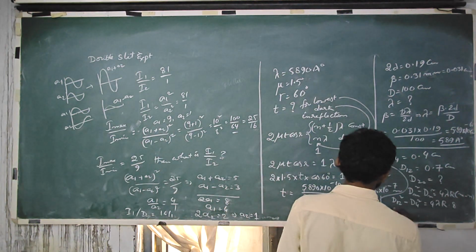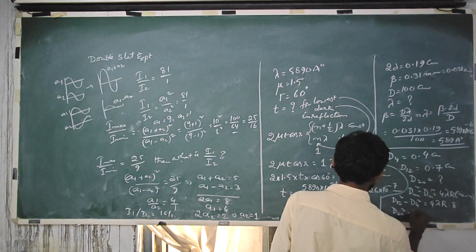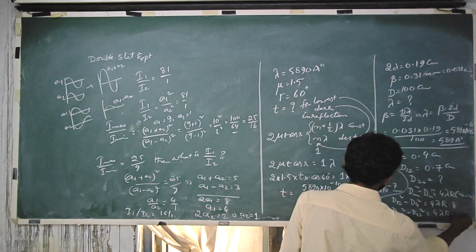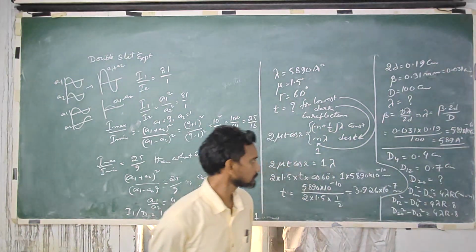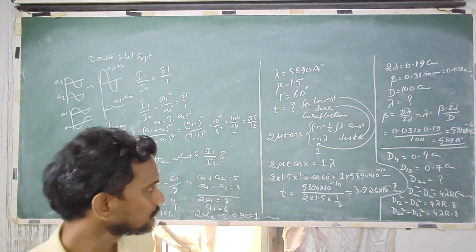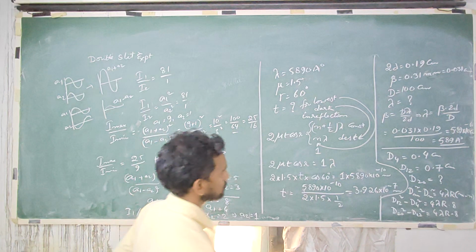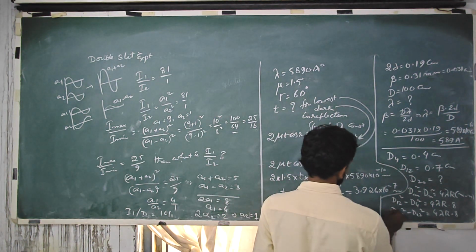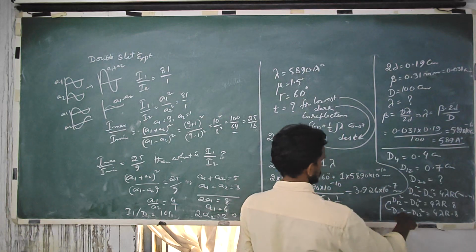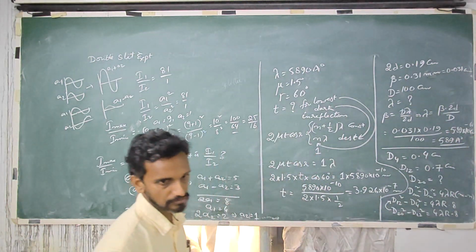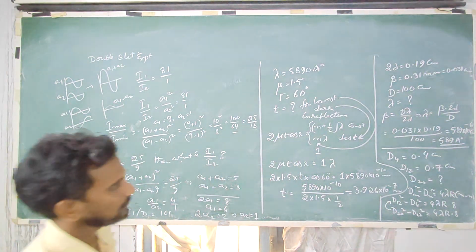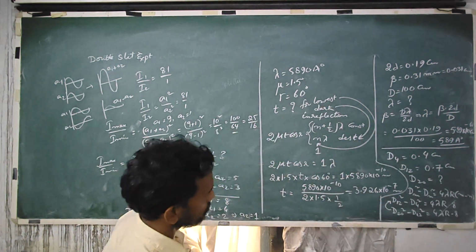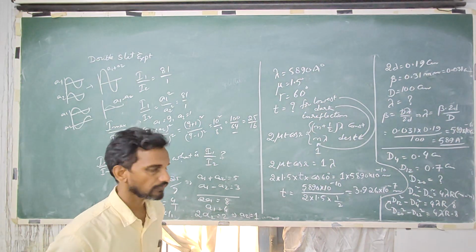If we take 20 and 12, D20 square minus D12 square is equal to 4 lambda R into 8. Subtract, these two will get cancelled and you will get some relation between D20, D12 and D4.